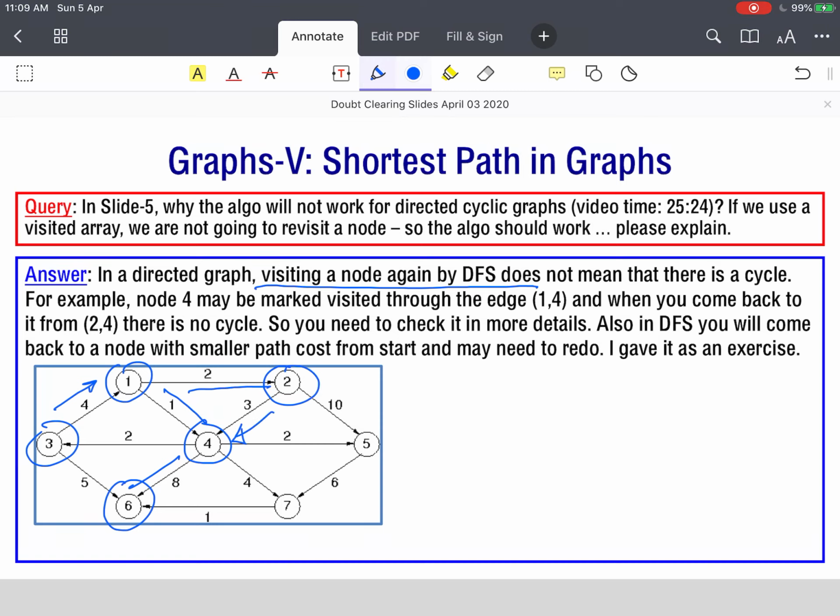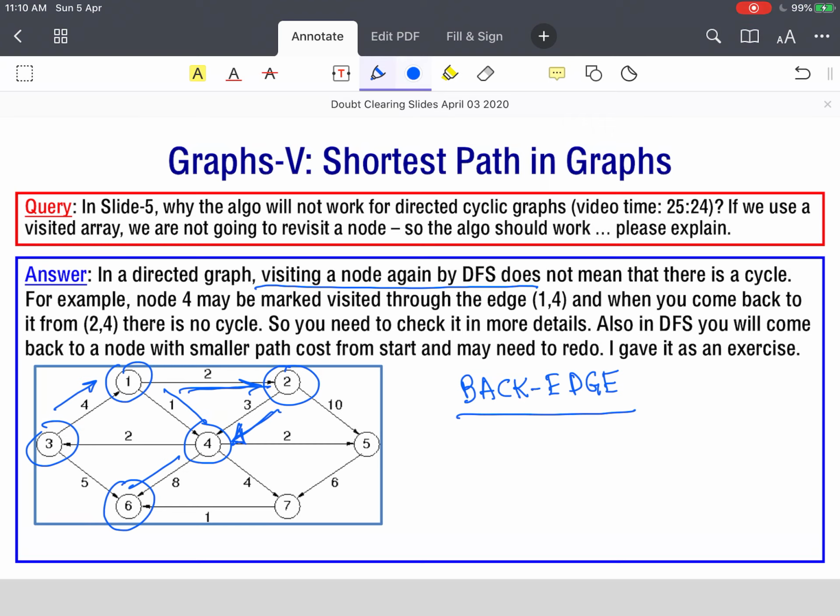On the other hand, when you come back here and come back to this one and come back to this one again, then you are coming back to an already visited node, and therefore it is not necessarily a cycle. As we have seen, a cycle can be formed by a back edge in a DFS, but there could be other places where you come back to an already visited node through a cross edge, and that need not always be a cycle.